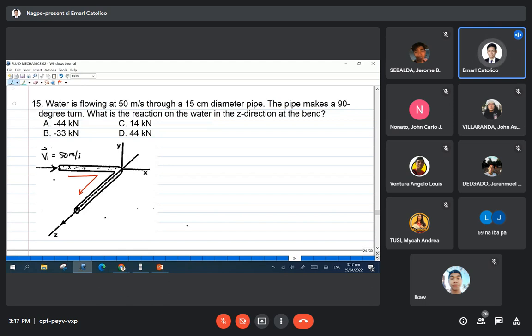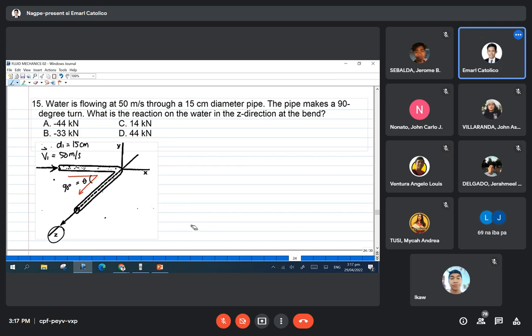Therefore, yung diameter nito, D1, is 15 cm. Theta natin is 90 degrees. So what is the reaction on the water in the C direction?